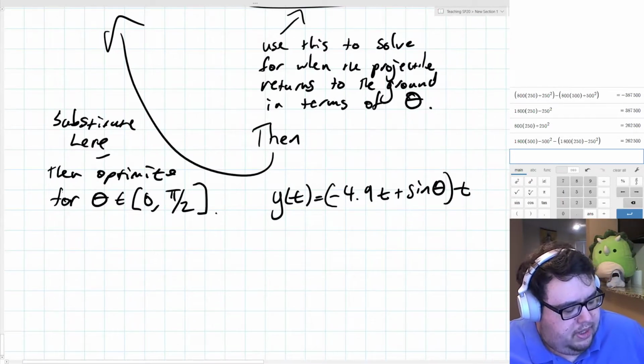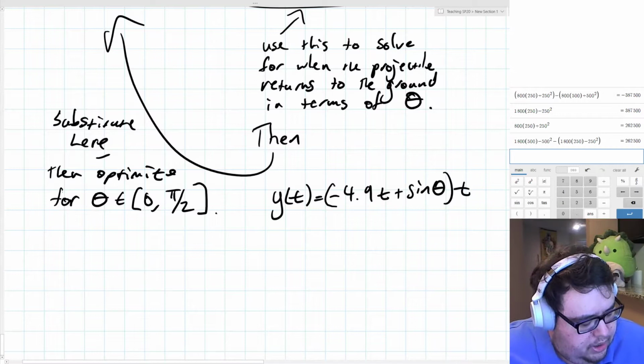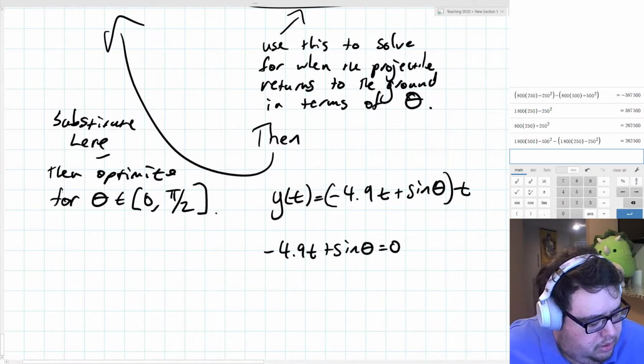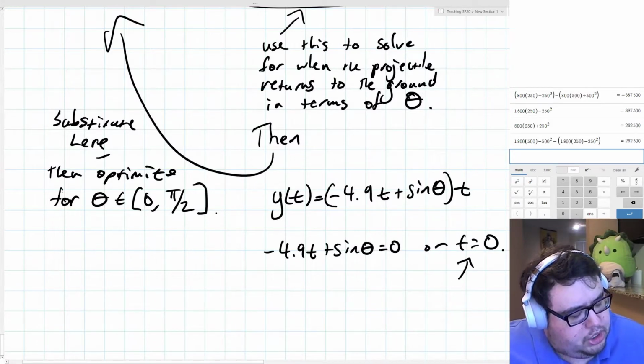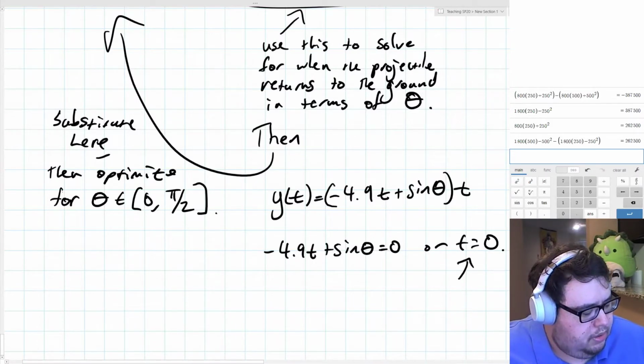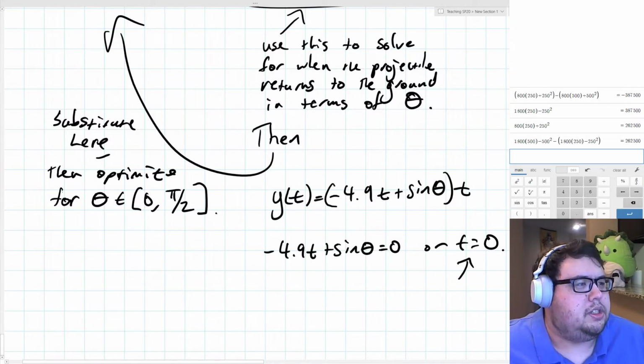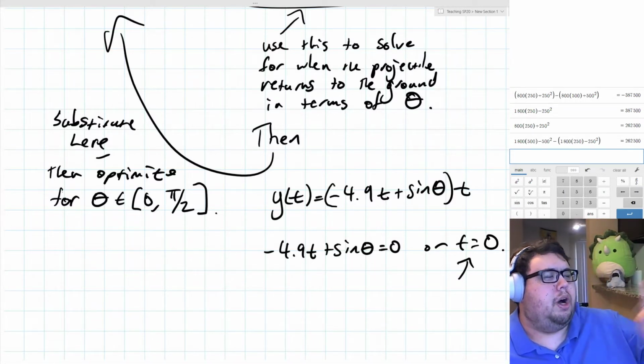And this has two roots, right? So either negative 4.9 t plus sine theta equals 0, or t is equal to 0. This smaller root at t is equal to 0, that's just our initial spot, right?